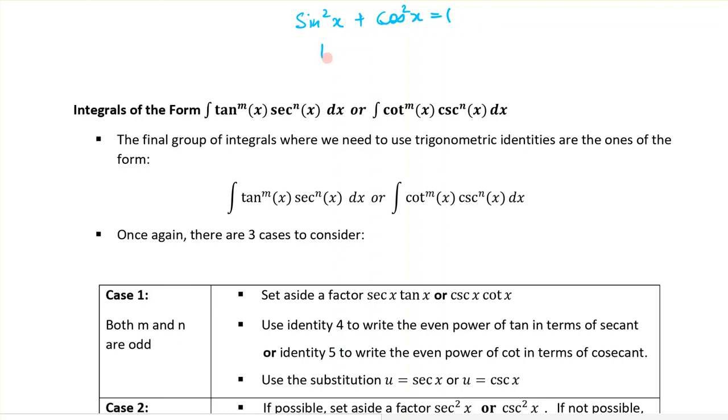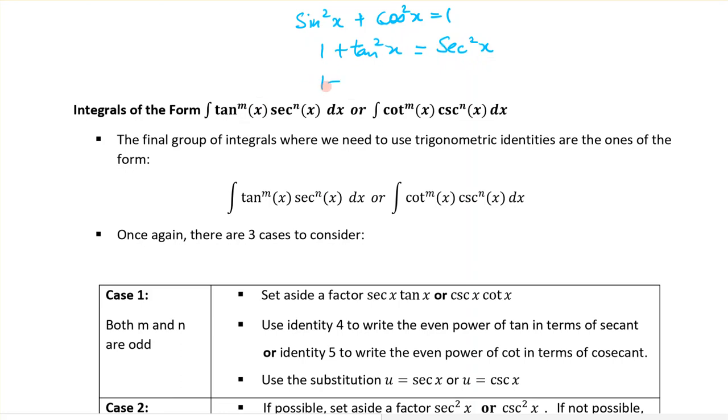So we got the identity 1 plus tangent squared x is equal to secant squared x, and they have a relationship. So we're going to do the same thing: change the power to the even power and then reduce into one of the other trigonometric functions which are connected by this relationship.